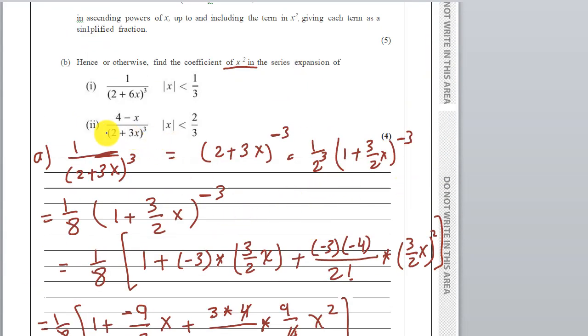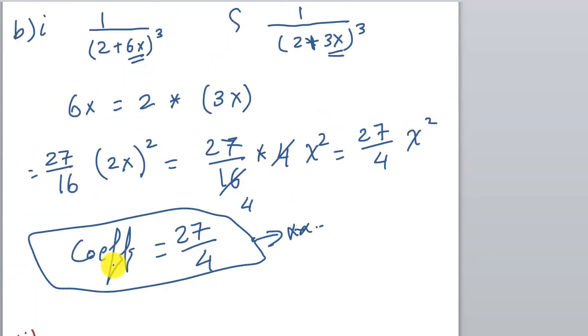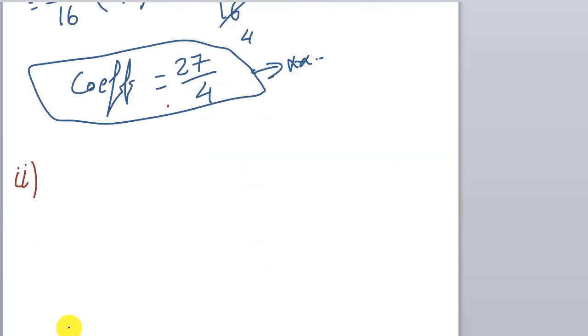(4 - x) divided by (2 + 3x) to the power 3. So the situation now, this is part (iii). Again, this is 4 minus x, divided by (2 + 3x) to the power 3.